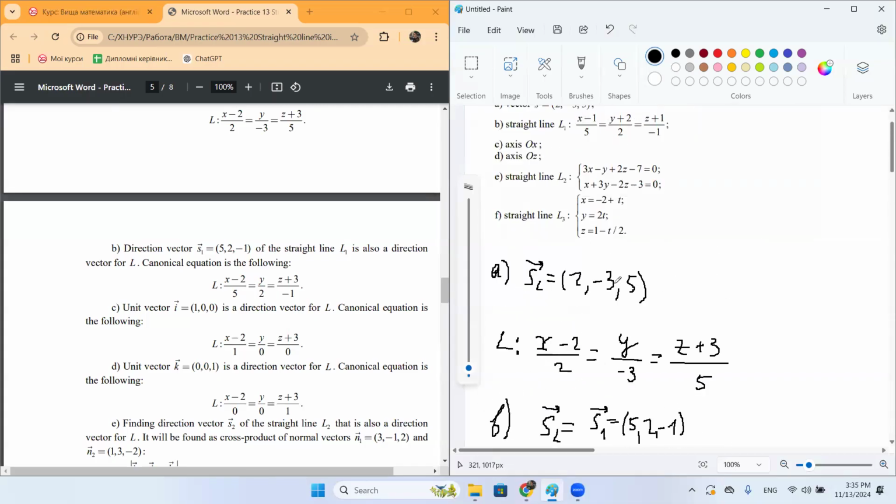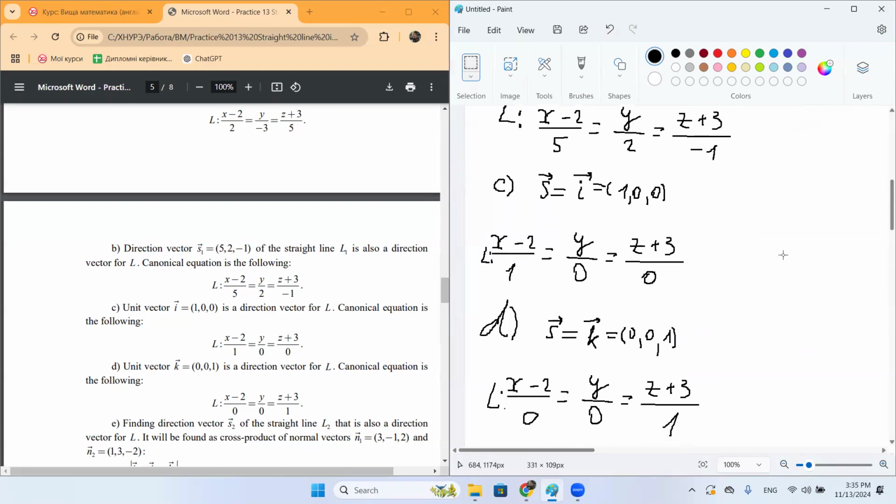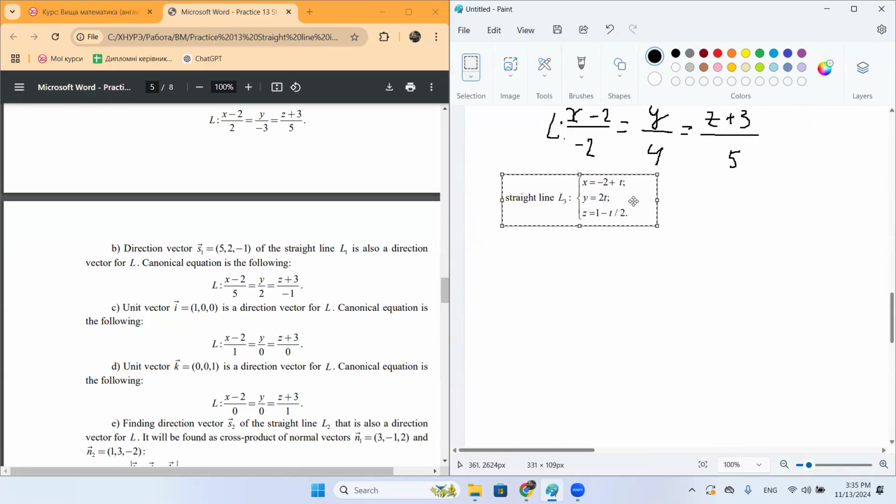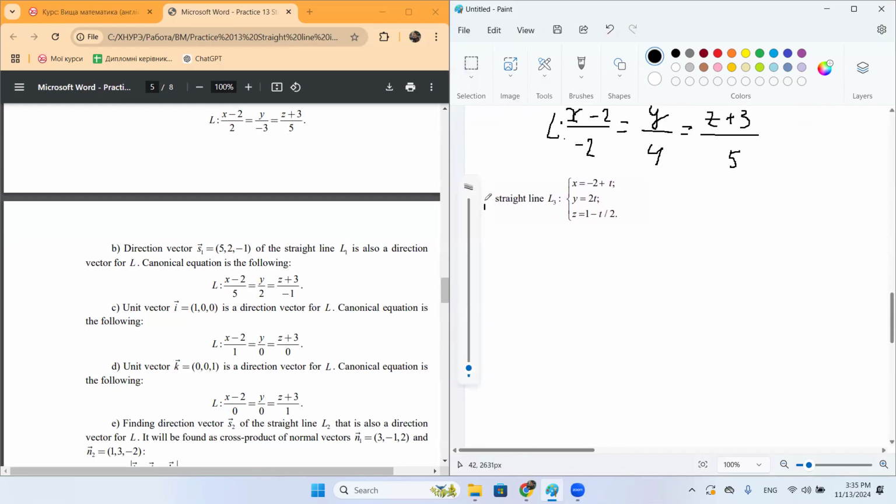what we need to find to write down the equation of the straight line parallel to straight line L3 that is given in parametric form. So what are the coordinates of the direction vector? Who can answer?